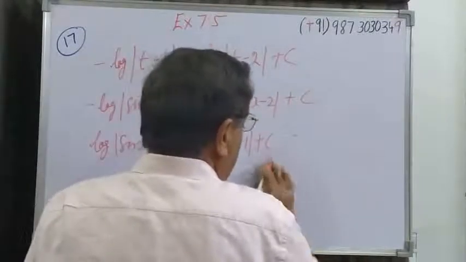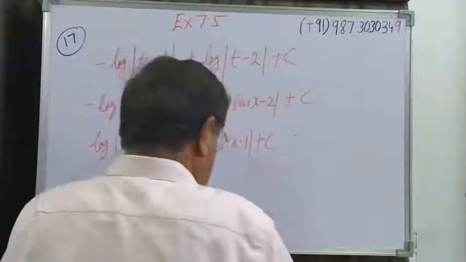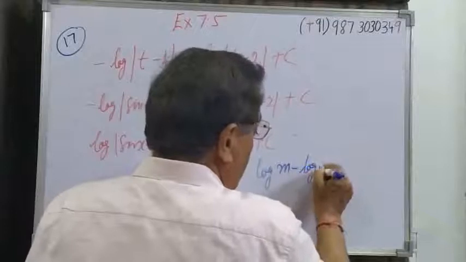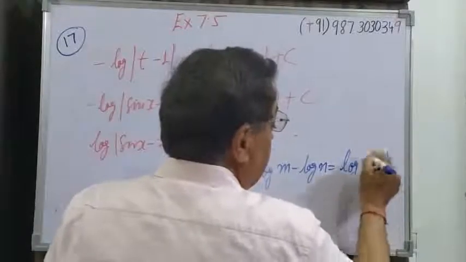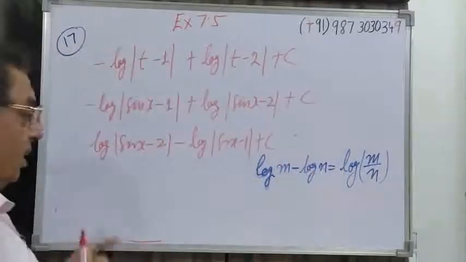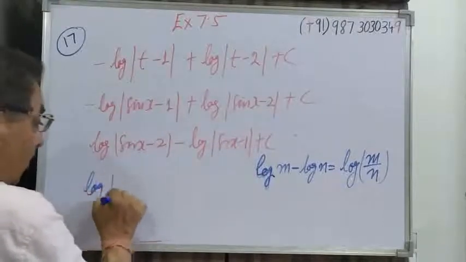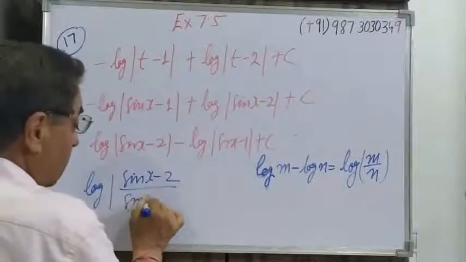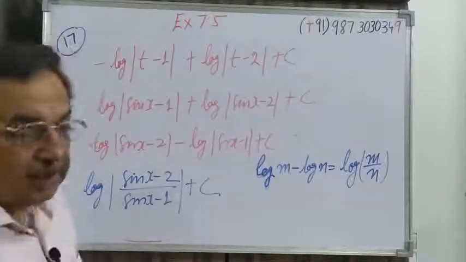We know the property: log m minus log n is equal to log of m upon n. So taking m and n like this, it can be written as log of (sin x - 2) upon (sin x - 1) plus c. This is the final answer for question number 17.